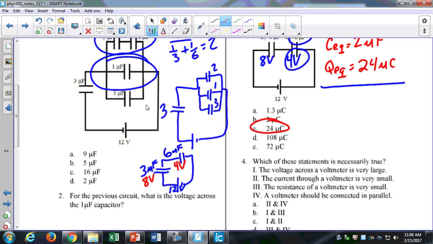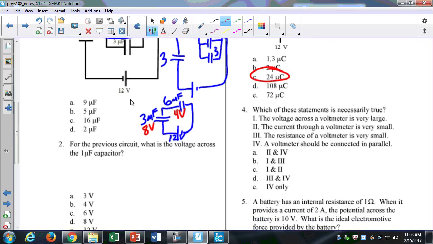All right? Now, if the numbers don't work out that simply, the way that you would do this is you would find the equivalent capacitance of this, which we know is 2 microfarads, and then you would find the equivalent charge, which is going to be 24 microcoulombs, and then you would say I have 24 microcoulombs on each of these capacitors, because capacitors in series have the same charge, and then you could say, well, 24 and 6 gives me 4 volts. 24 divided by 6 is 4 volts.